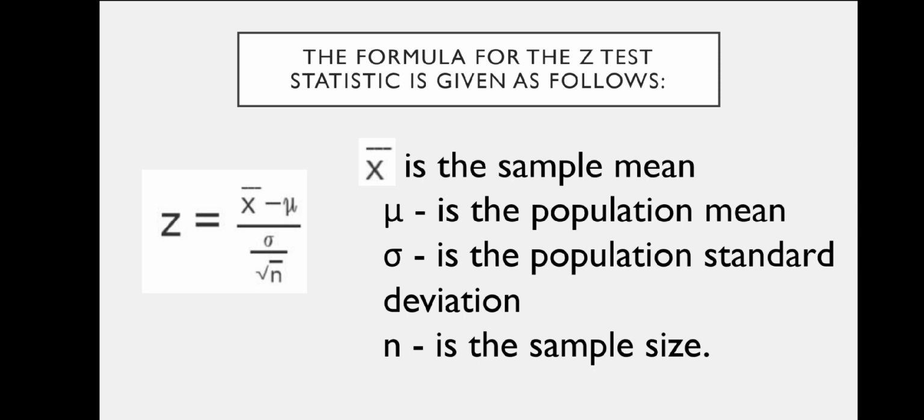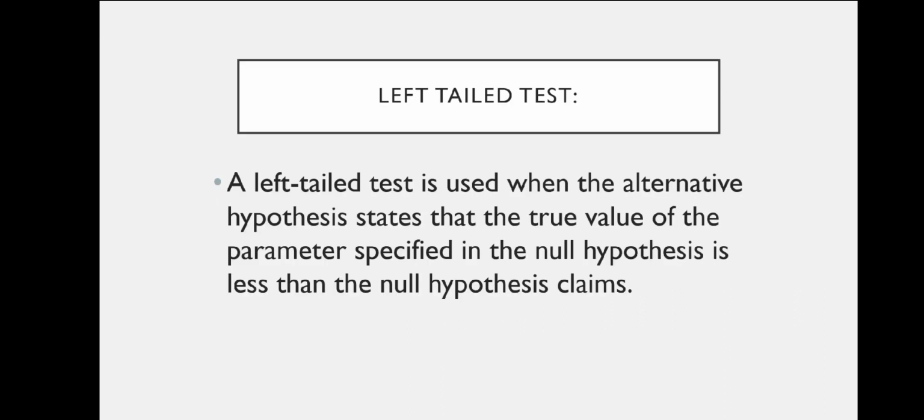The z-test formula. Z equals the sample mean minus the population mean, divided by the population standard deviation over the square root of the sample size. Left-tail test. A left-tail test is used when the alternative hypothesis states that the true value of the parameter specified in the null hypothesis is less than what the hypothesis claims.